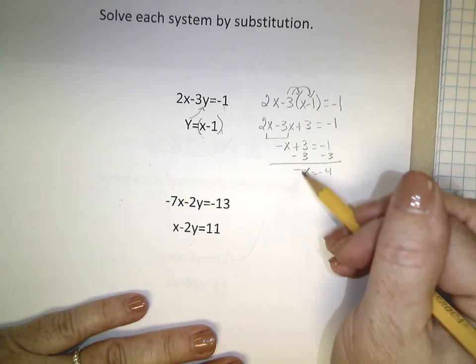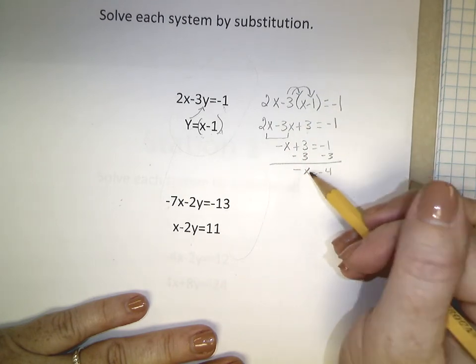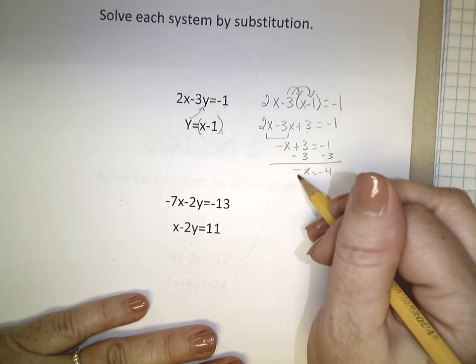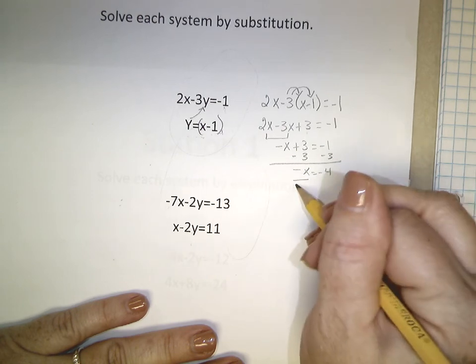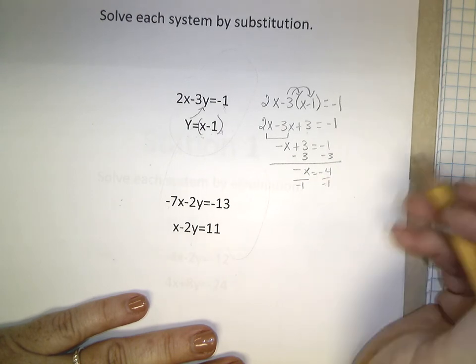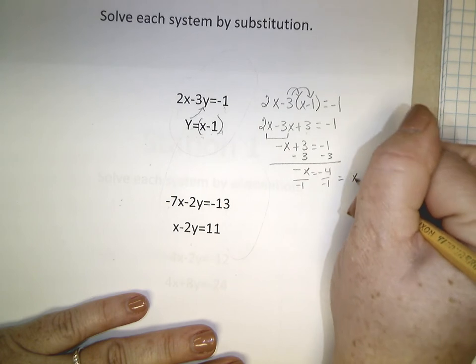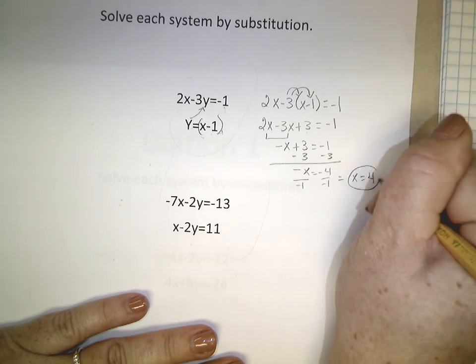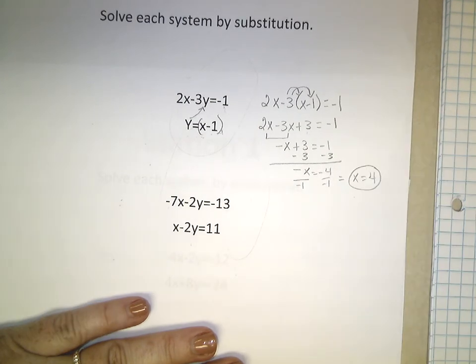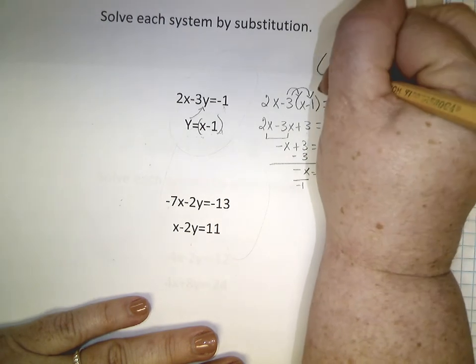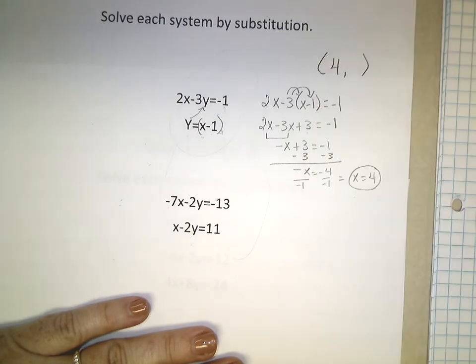Now there's a negative invisible little 1 sitting right there. We want to get rid of this negative, so we divide both sides by negative 1. Therefore, x equals 4. Now that's only one part of our solution. We need the x value and the y value.